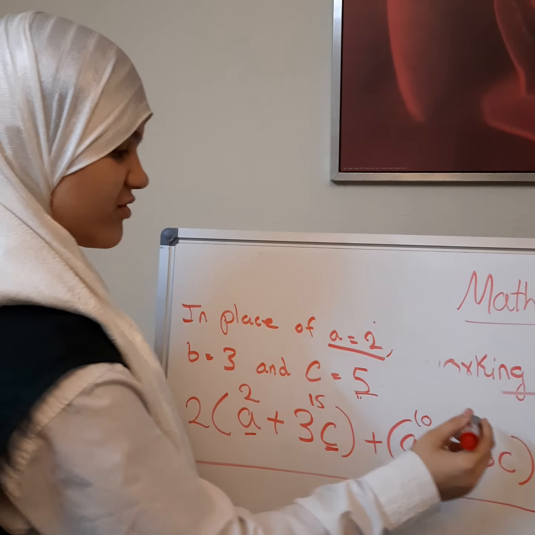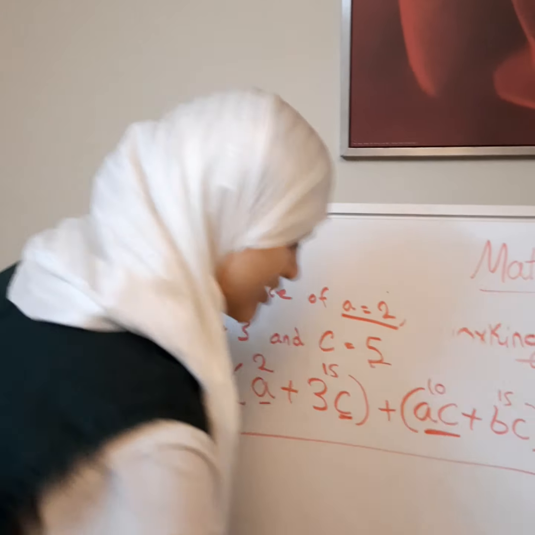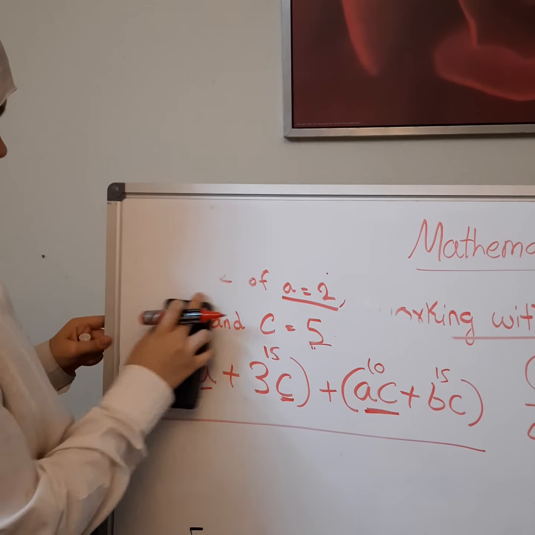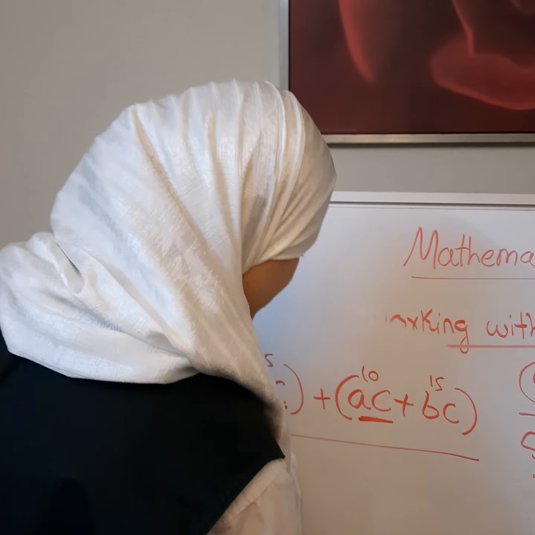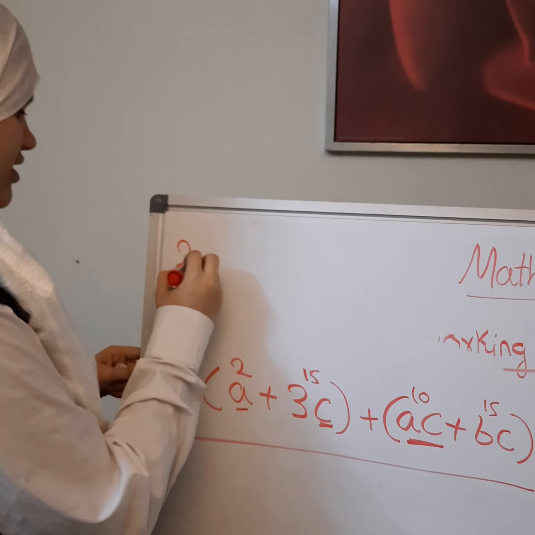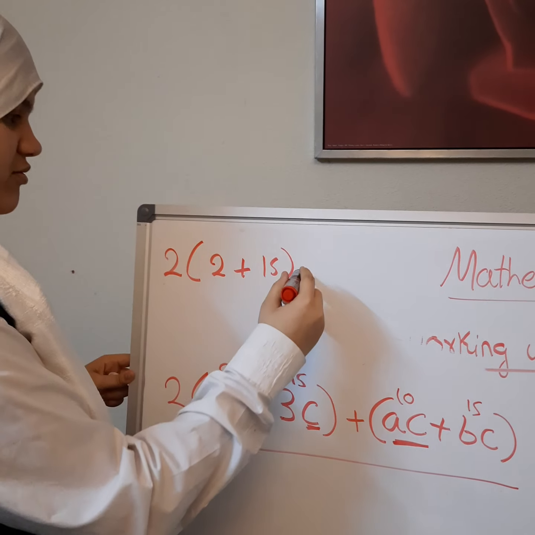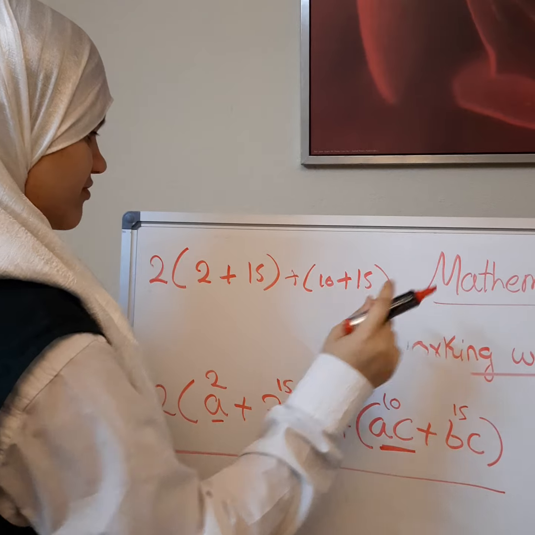That's 3 times 5, 15. Okay? Now, let us do it. Then it will be 2(2 + 15) + 10 + 15.